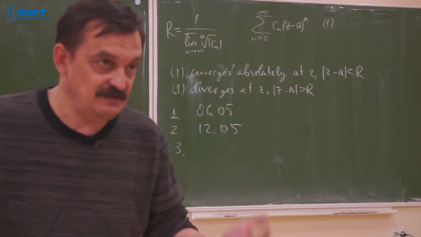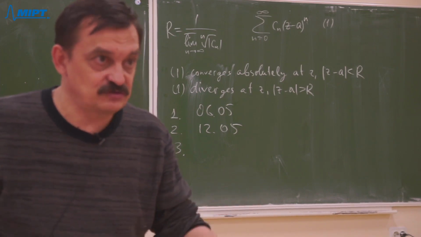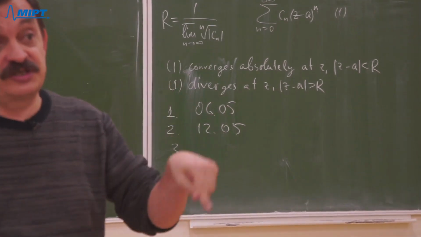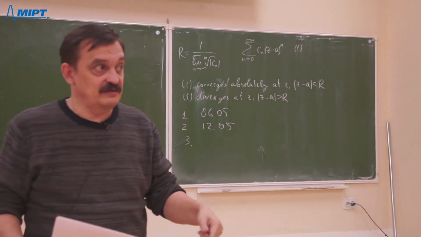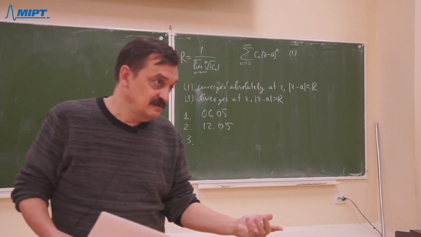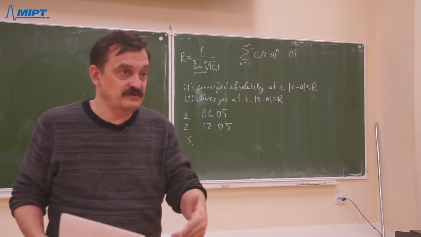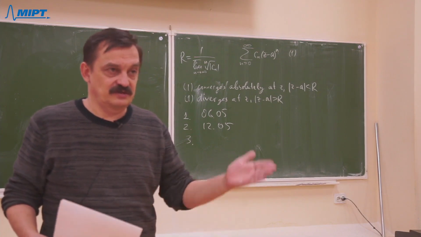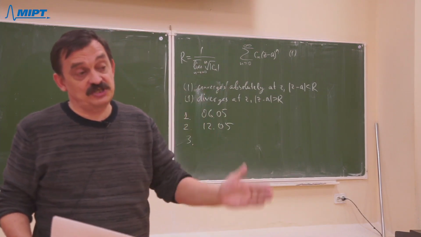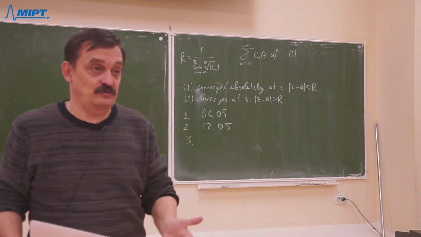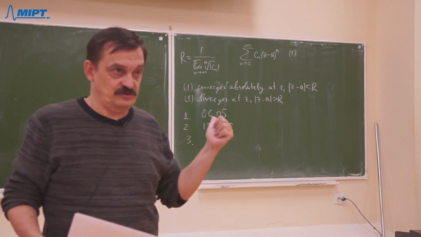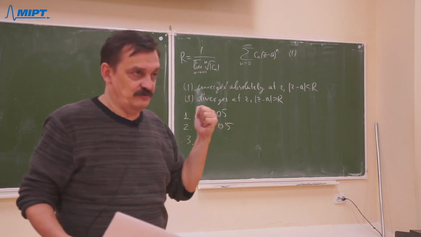So you have the same radius of convergence, and moreover, if you differentiate term by term, then the sum of this series coincides with the derivative of the original series. So it means you can differentiate a power series term by term inside the disk of convergence, inside the interval of convergence, sorry.